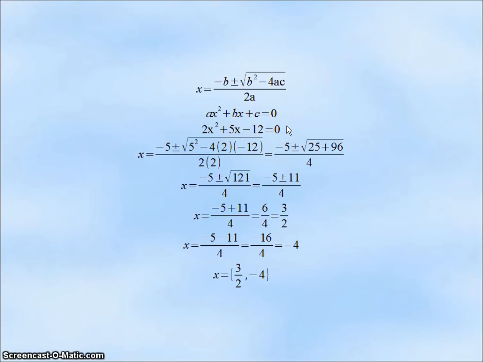Let's just plug in the values. So, negative b, negative 5, plus or minus b squared minus 4 times a times c, all over 2 times a.